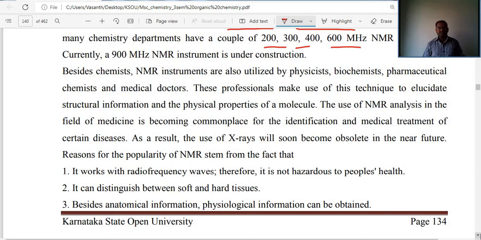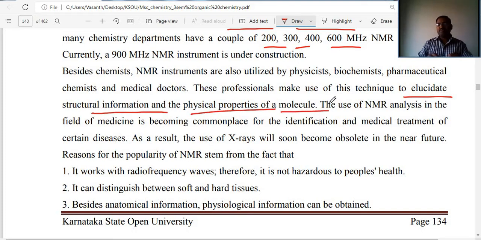Besides chemists, NMR instruments are also utilized by physicists, biochemists, pharmaceutical chemists, and medical doctors. These professionals make use of this technique to elucidate structural information and the physical properties of a molecule.